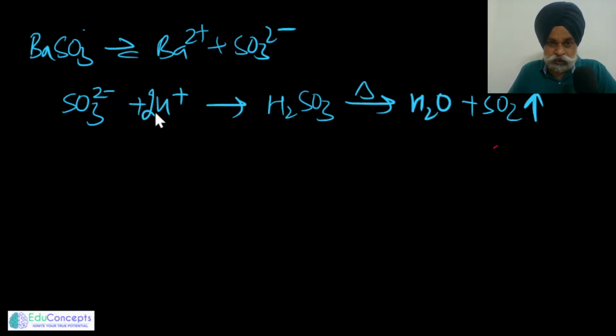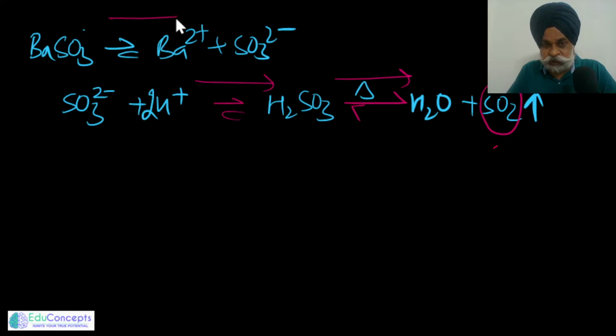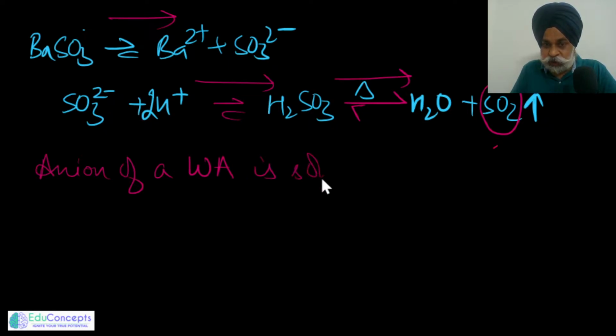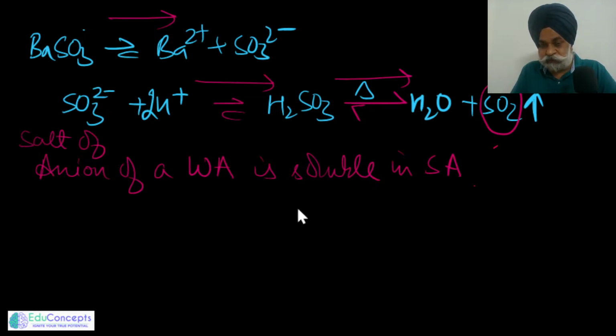If I show all the steps in equilibrium, this equilibrium would be highly forward driven, because the escape of SO2 will shift this equilibrium this side, this side, and this side. So making a point, I write here that the salt of an anion of a weak acid is soluble in strong acid.